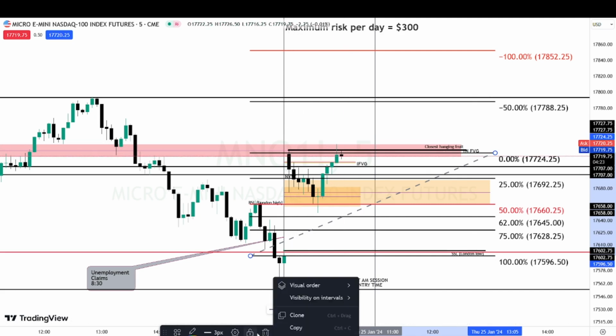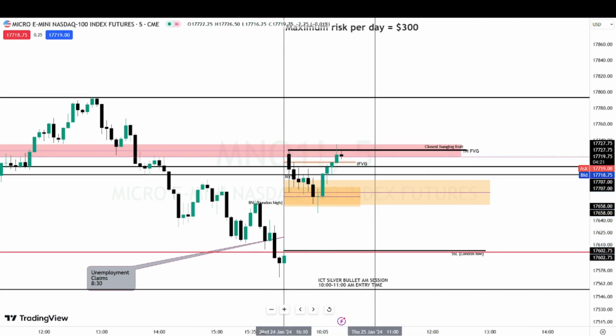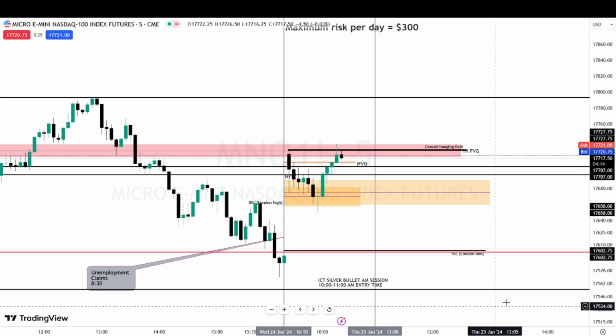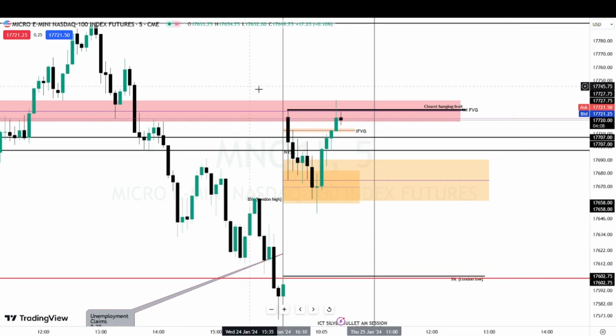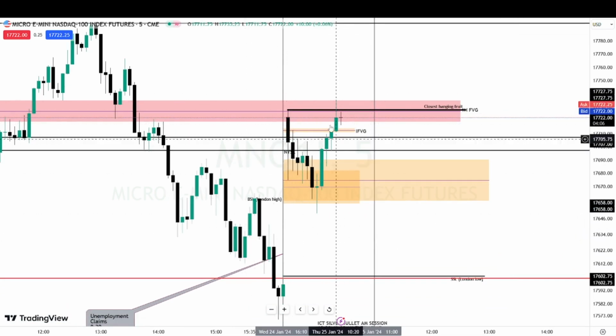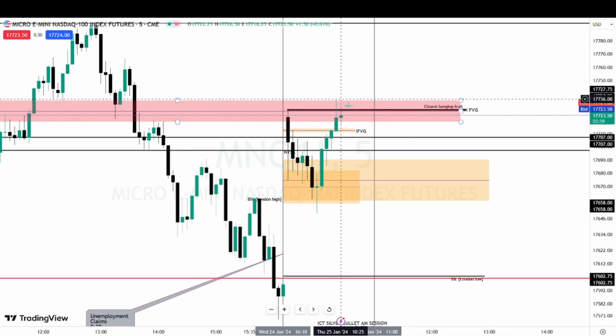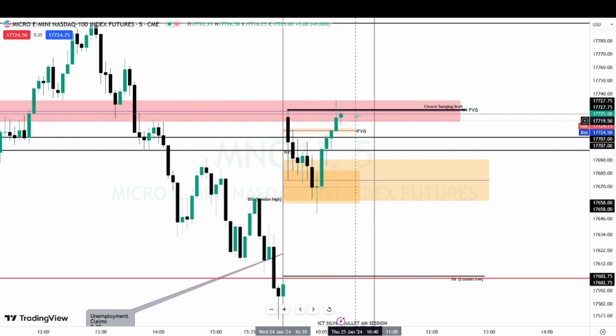And I told you that this can even give you two chances to enter, either in the same direction or different directions, as long as you can identify your closest hanging fruits or the directional buys for that matter. So I'm watching how we are dealing with this hourly fair value gap right here. If we get a market structure shift spooling down, I will enter my sell right there.